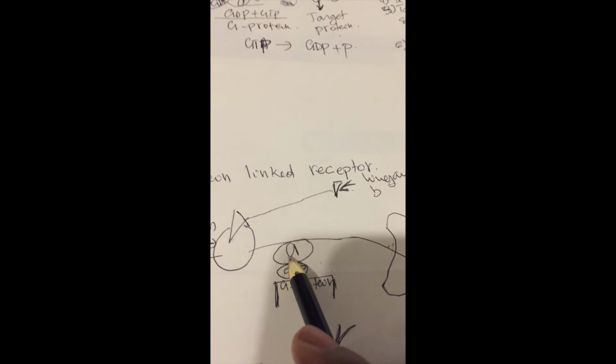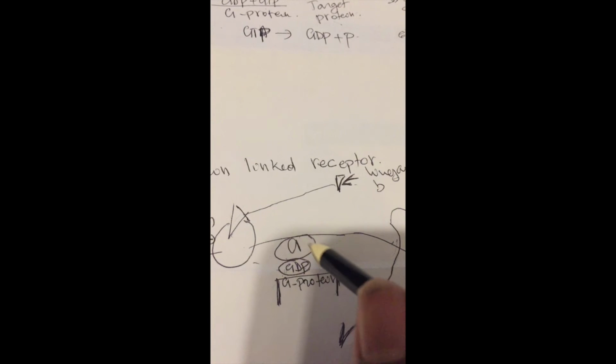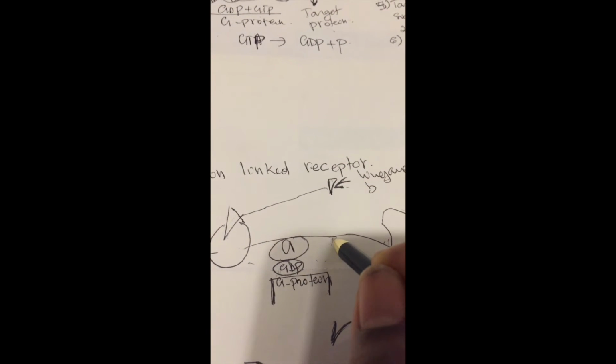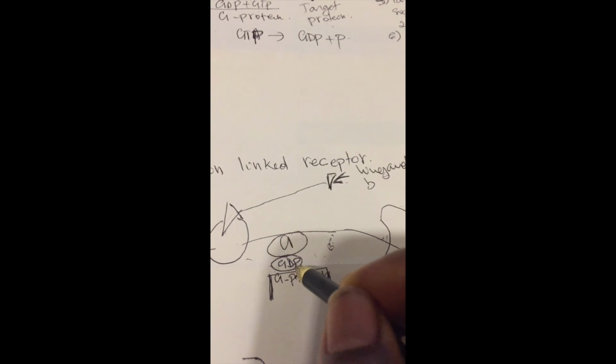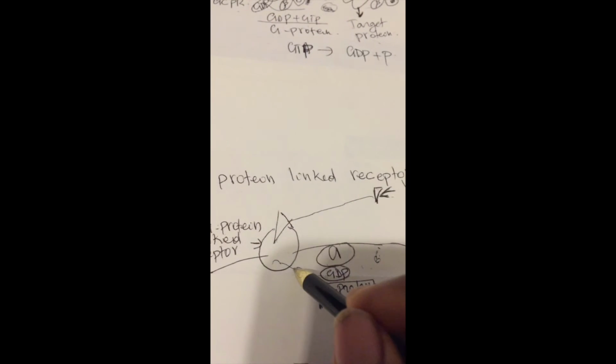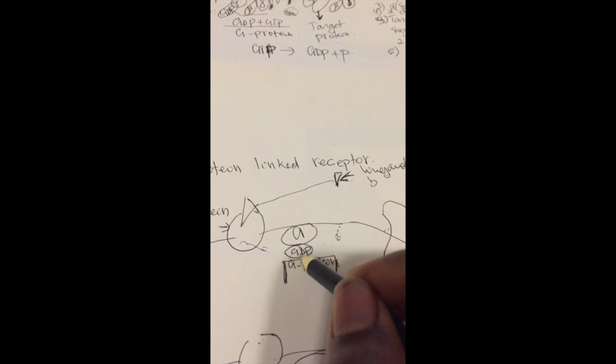So when they are like this, they're going to undergo the conformational change. When they do, the GDP will move to the G protein linked receptor. When it moves to this one, it's going to change it.